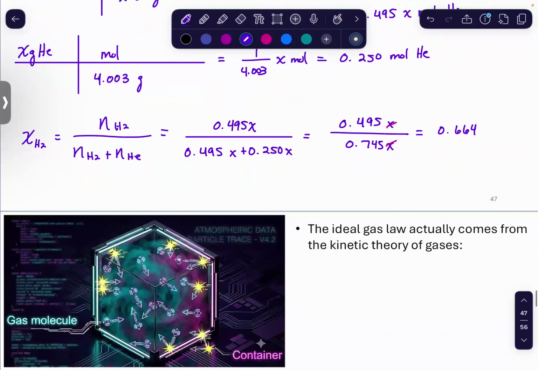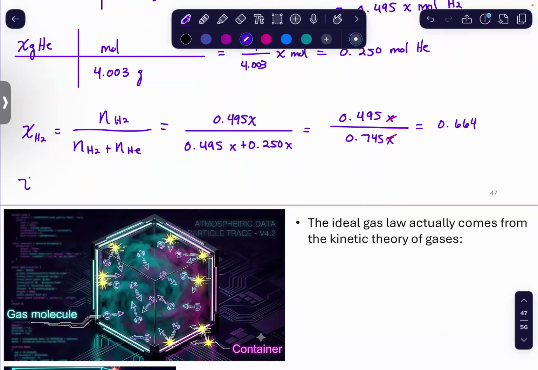Okay, well, I also know, I hate shoving things together like this, but I didn't have enough room. So we also know it's the partial pressure of hydrogen over total pressure. And what I want is the partial pressure of hydrogen.